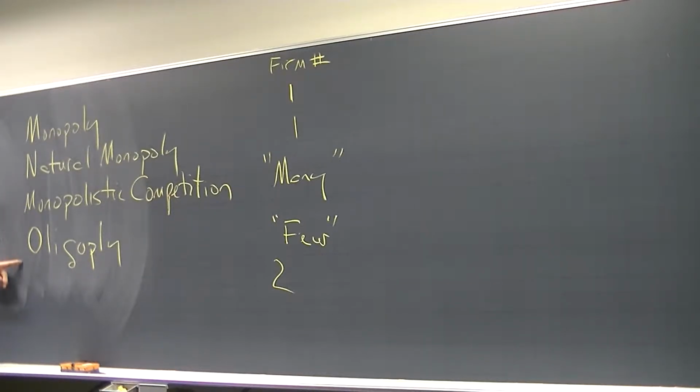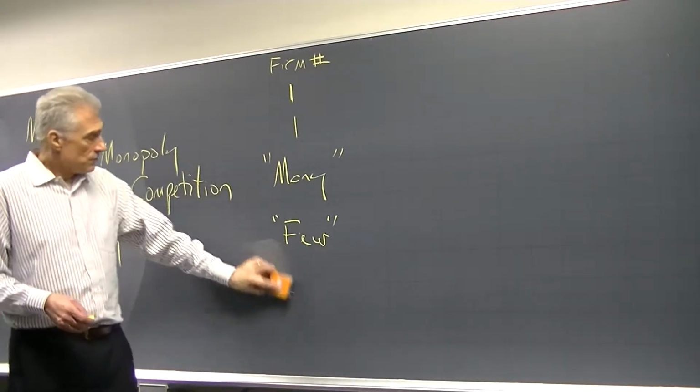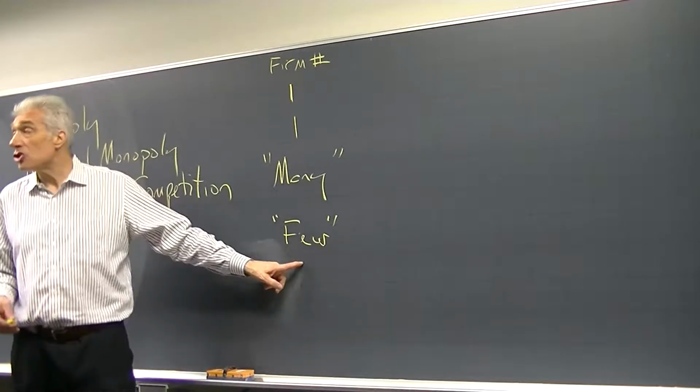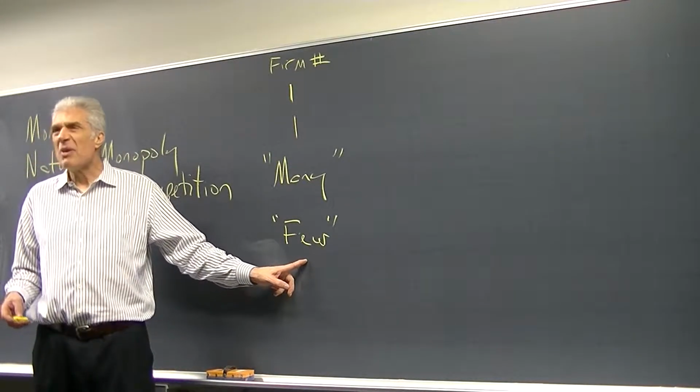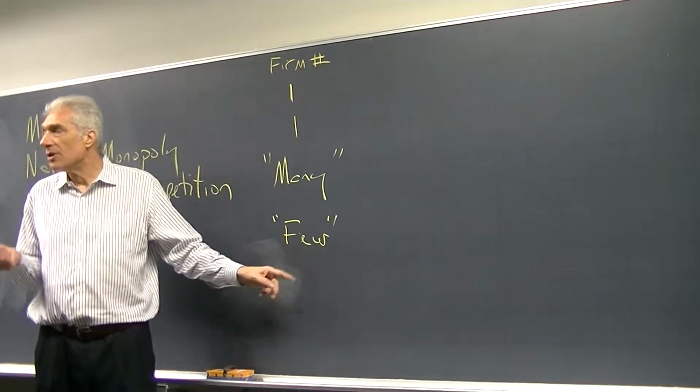So the purpose of that model was to show you how you end up with a natural monopoly, by playing a game set in a situation. So that's the number of firms. Few, and we don't really say it has to be at least 2. But how many? Few. It's a few.